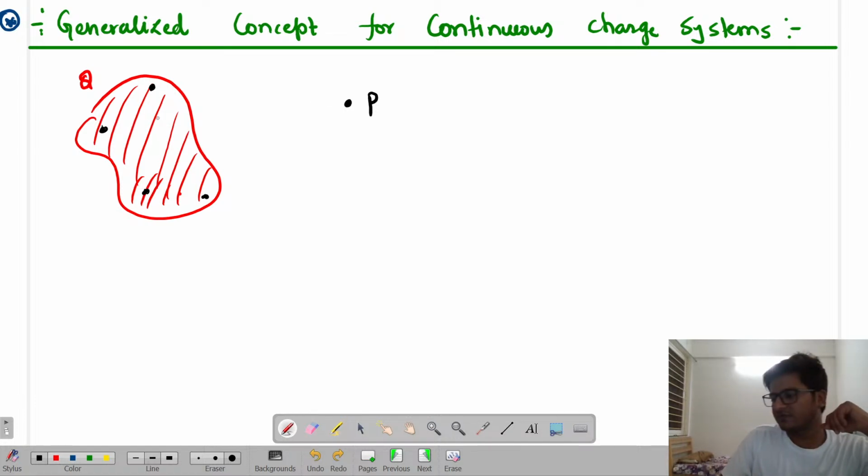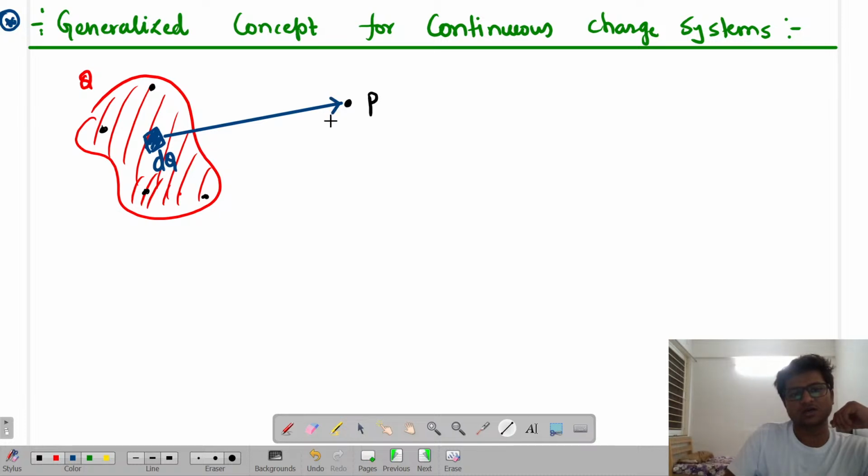Since for each and every charge there is a variation, so what they thought that let us define a small charge in it. What we define? dq. Yeah, we define a small charge in this whole body and we call that as dq. And then we told that this dq is located at some distance r from the considerable point which we are going to consider. Are you able to get me or not?